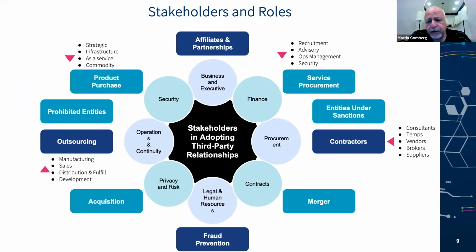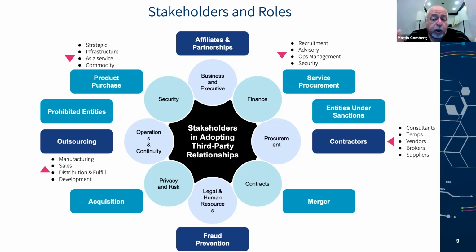As you can see from this slide, there's not only numerous stakeholders for third-party risk across the enterprise, but they participate in a whole broad range of activities and they touch all aspects of the business, from strategic opportunities like merger and acquisition and credit, functional outsourcing to supply chain questions like prevention of fraud and, in large companies, making sure that they're not involved with companies that are involved with human trafficking and other kinds of things that we don't want to be associated with.